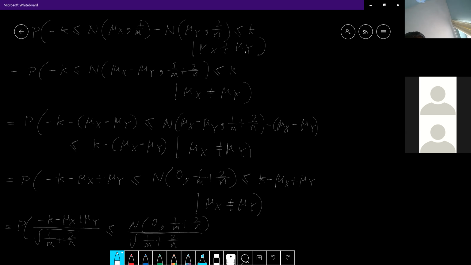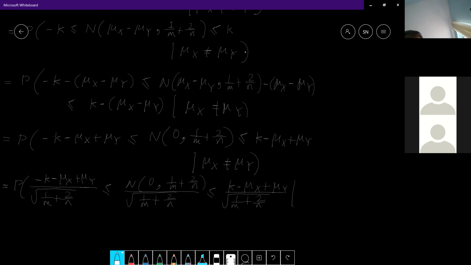That's what I'm doing right now, dividing all the terms within the brackets by the standard deviation, given that mu x is not equal to mu y.